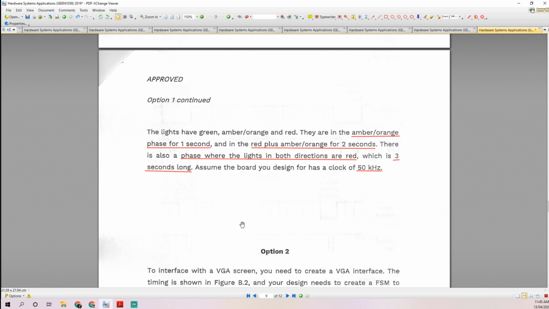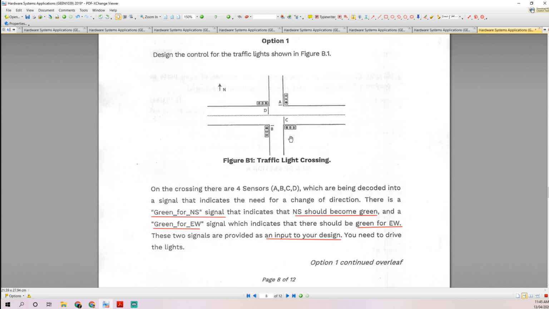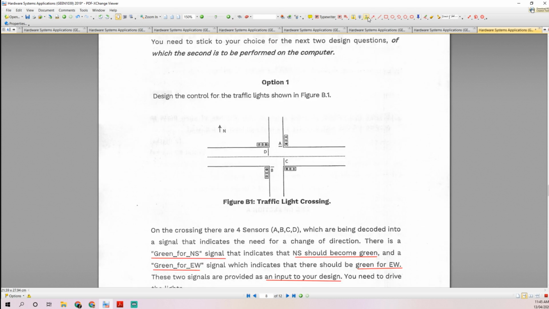All right, so what happens is, let's assume that we have currently, let's say north-south green. Okay, if our north-south lights are green, that means that our east-west lights are red.